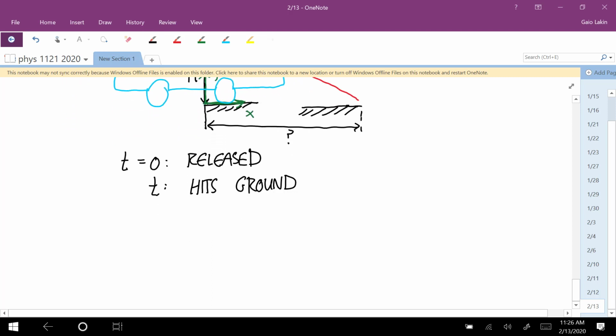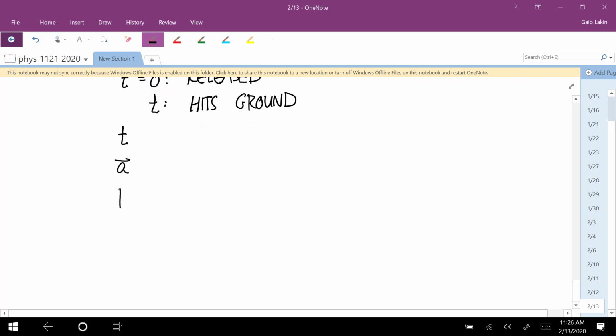And now we can start thinking about what we know and what we're trying to find. So there's t, a, p0, p, v0, v. Normally in these problems, instead of having things given in terms of constants, we have numbers for things.